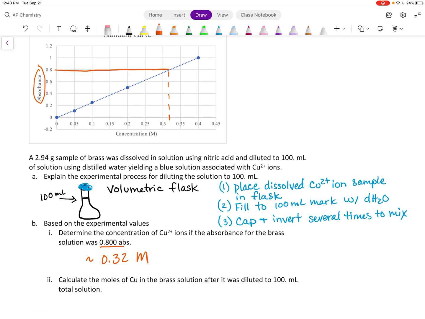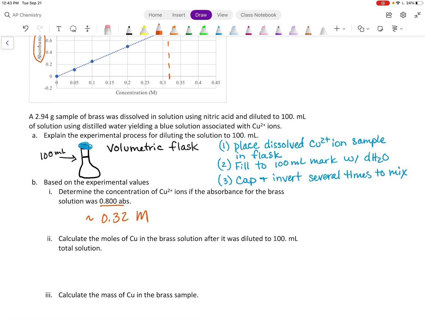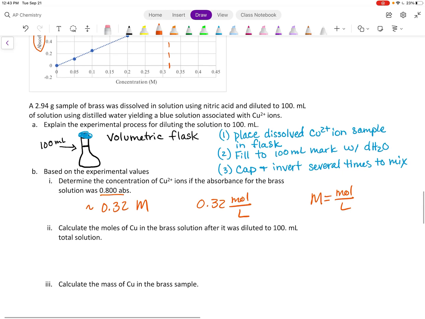So then for the next part of this, it asks us for moles. Now, we diluted that sample to 100 milliliters, and so we have to go ahead and account for that. So we have to take the 0.32 molar, okay, and that's equivalent to 0.32 moles per liter. So molarity, capital M, is moles per liter, and we have to consider that dilution that we did. So I'm going to take the 0.32 moles per liter, and I'm going to multiply that by the liters of the solution that I had.